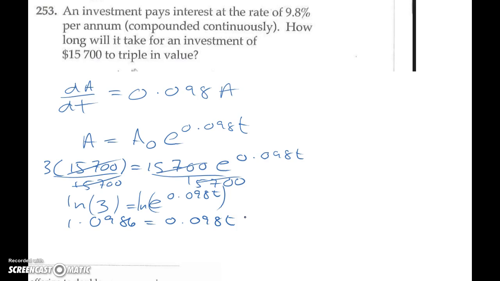So 1.096 divided by 0.098 equals 11.21 is equal to t. So what I'm expecting there is that the time that it would take would be approximately 11 years.